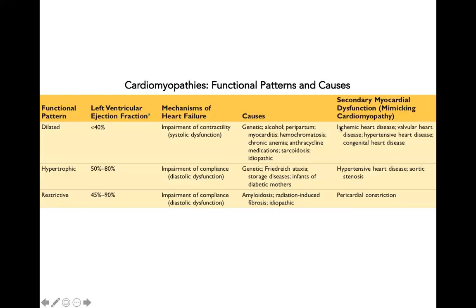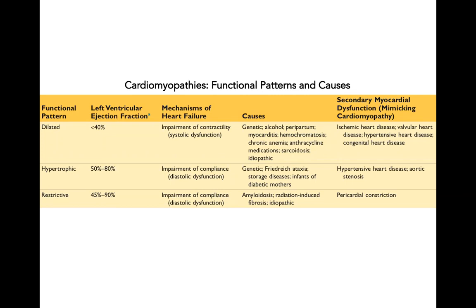So here are the functional patterns and causes of your cardiomyopathies. We have the dilated cardiomyopathy, hypertrophic cardiomyopathy, and restrictive cardiomyopathy. So remember, pag dilated, the left ventricular ejection fraction, since dilated siya, wala siyang power. Okay, so less than 40% yung ejection fraction niya. Ibig sabihin, ejection fraction is the volume of the blood that is ejected per contraction, per systole.